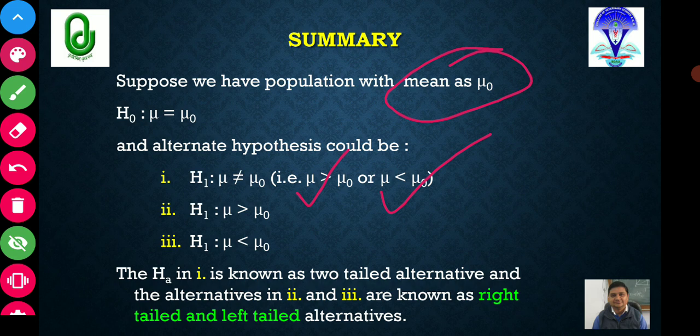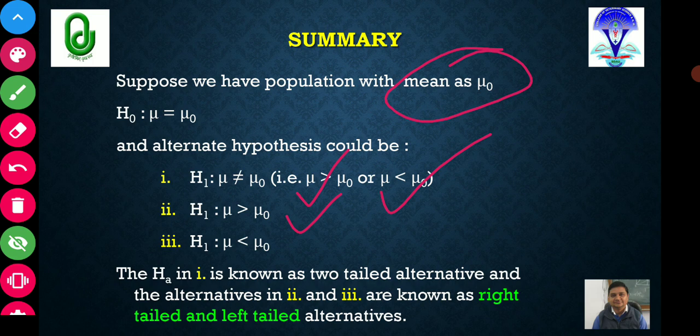The second alternate hypothesis may be that mu is greater than mu naught. That means the sample mean is greater than the population mean. So it is one sided. Another hypothesis, the third one, is that mu is lesser than mu naught. So this is also a one-sided test.